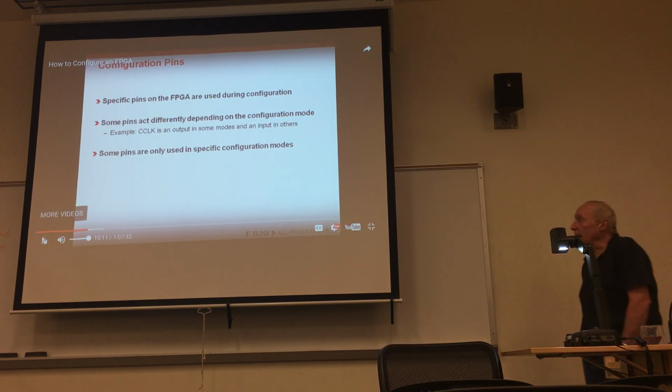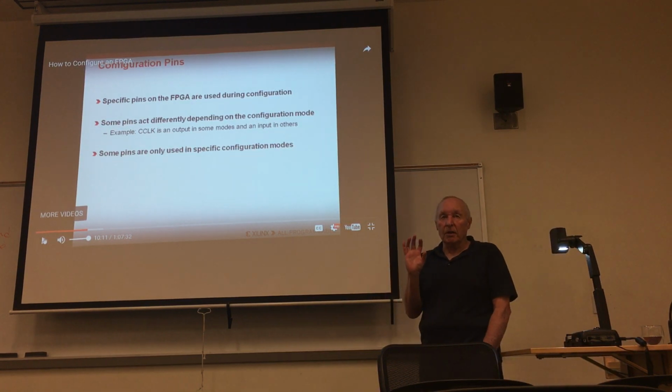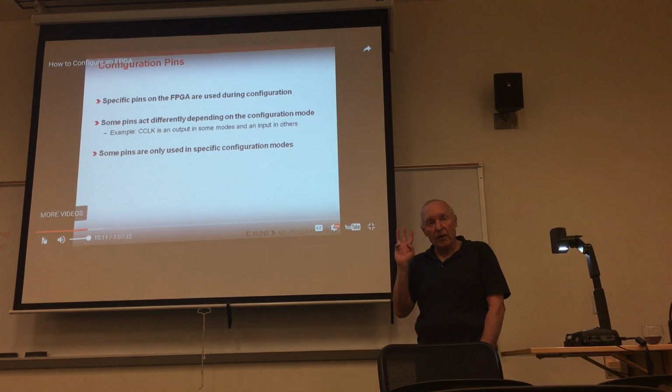Okay, so the key thing here is, if you look at the FPGA data sheet, there will be 3 pins that are identified as mode pins. And depending on the binary pattern that you put on those pins will tell the FPGA which configuration mode to use.